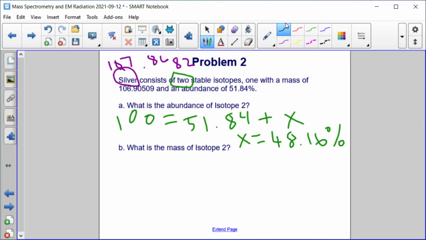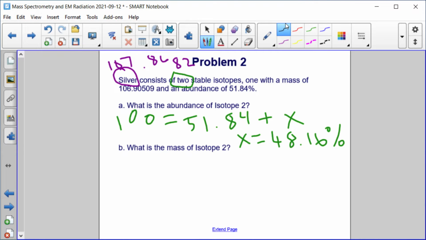So remember that the mass of isotope 1 multiplied by its percent abundance, plus the mass of isotope 2 times its percent abundance, those two added together has to equal the average atomic mass given on the periodic table, 107.8682.